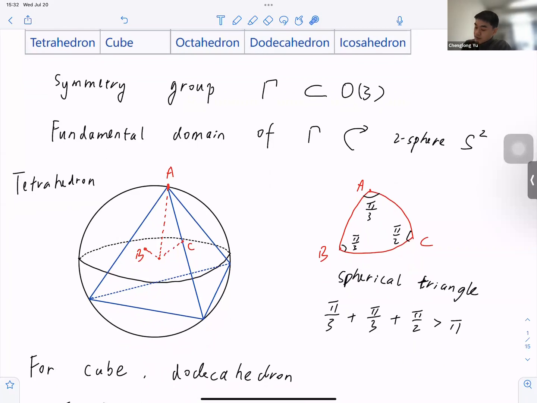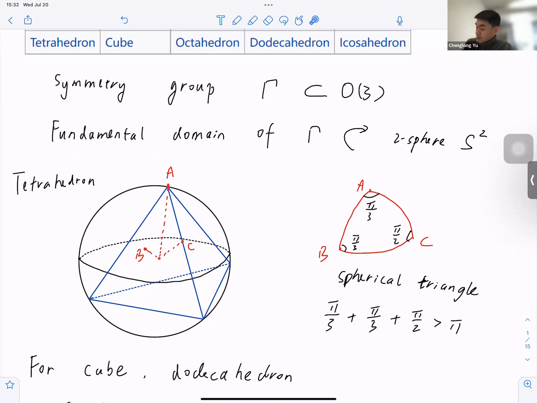We take one vertex of the tetrahedron, A, and B is the center of a face, and C is the center of one edge. And we connect these 3 points using great circles on the sphere. We will find a spherical triangle.